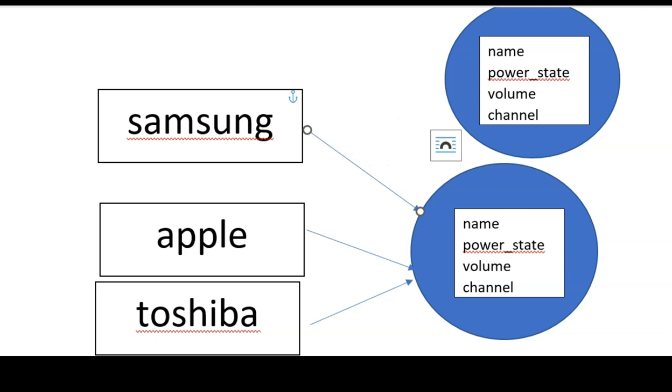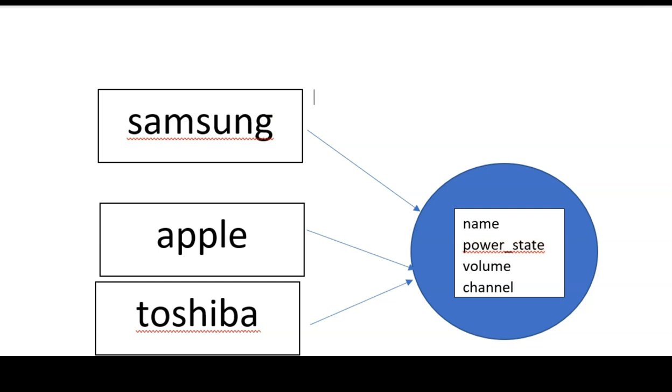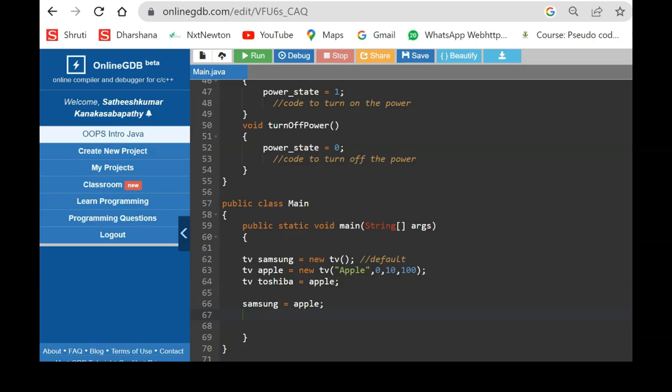So all three now reference the same memory, and the memory which Samsung was initially pointing to gets freed up. There is a garbage collector in Java, which cleans up memory that no reference is pointing to.